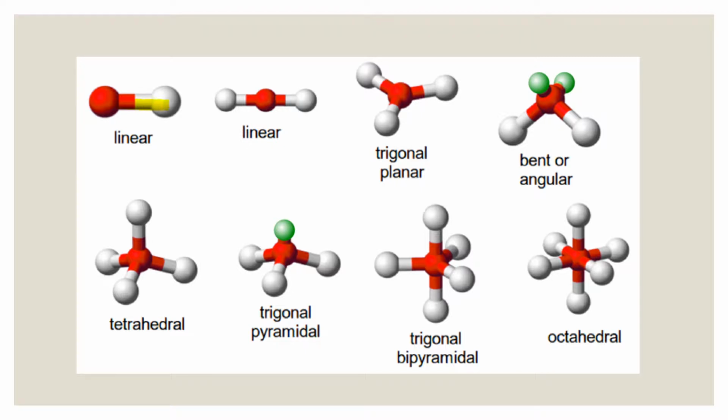So if you look at this one, you can see the bond angles are 180. Whereas if you look at this one, the bond angles created will be through here, which is 120.